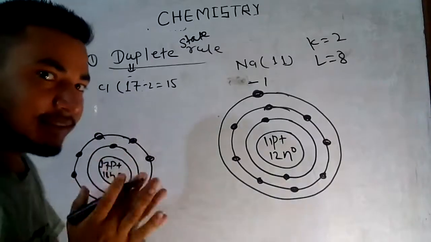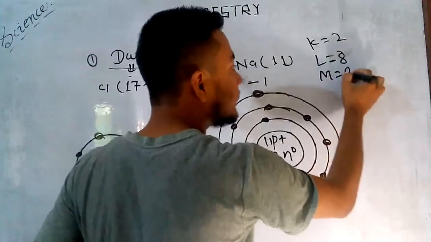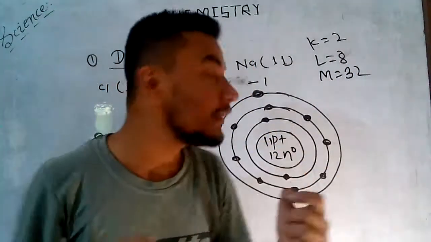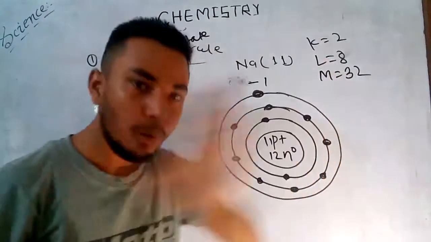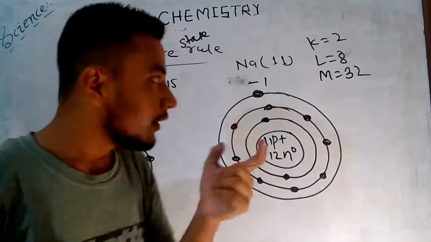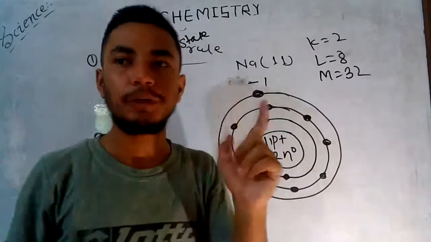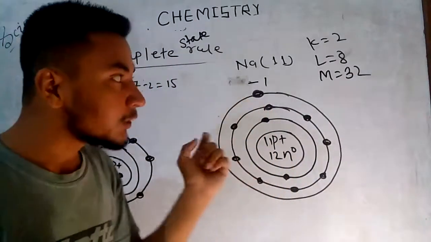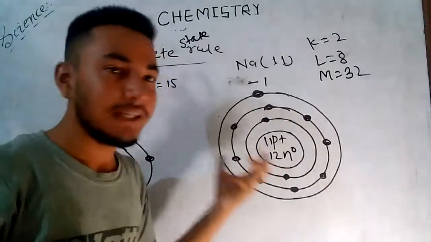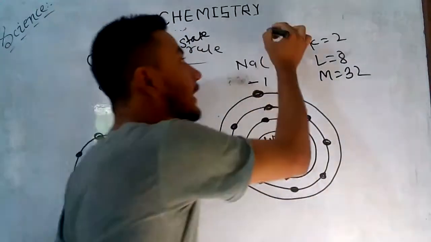Now the question comes in your mind: K, L and M shell capacity is 32, sir? Sir, can we put 32 electrons in the M shell? No, don't make this mistake so many times. When you draw an atomic structure, you have to remember octet rules, because from octet rules every atom wants to occupy how many electrons in its last shell? 8 electrons.